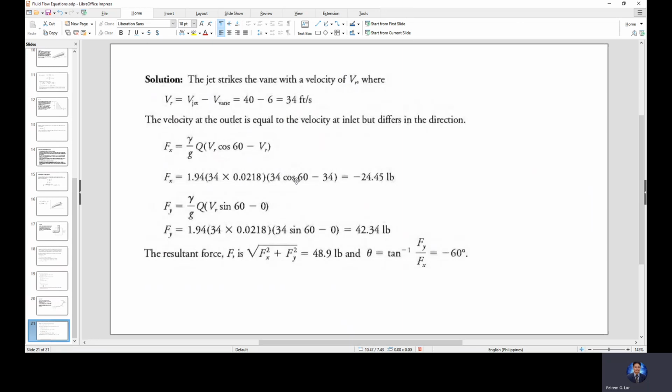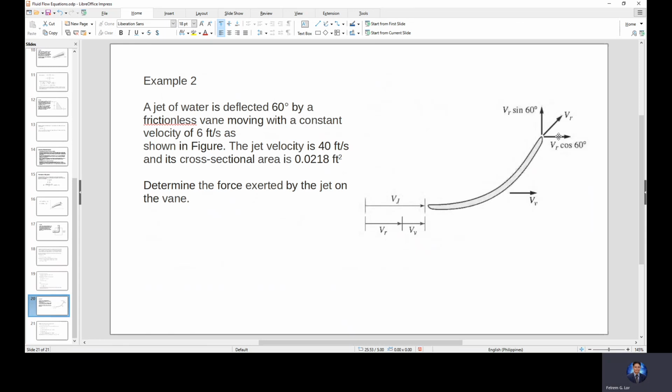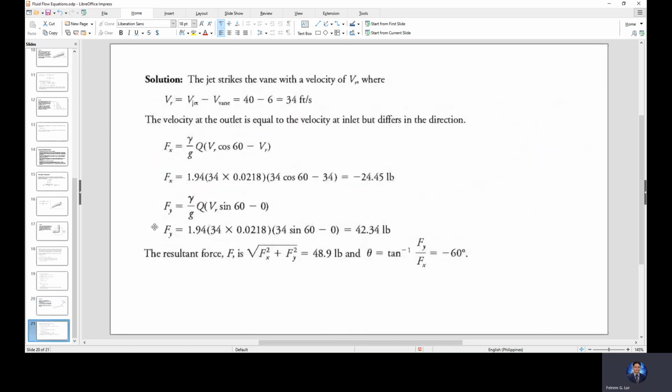Then the velocity is V2 along x. Our component is now 34 cosine 60, going to the right. That's our V2. Our V1 is 34, horizontal. So the answer is 24.5 pounds.